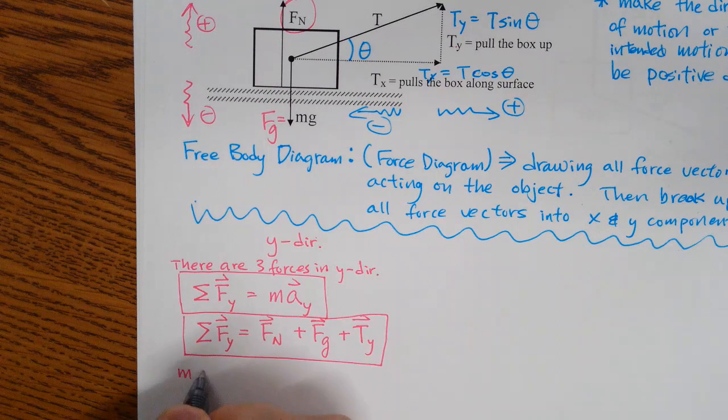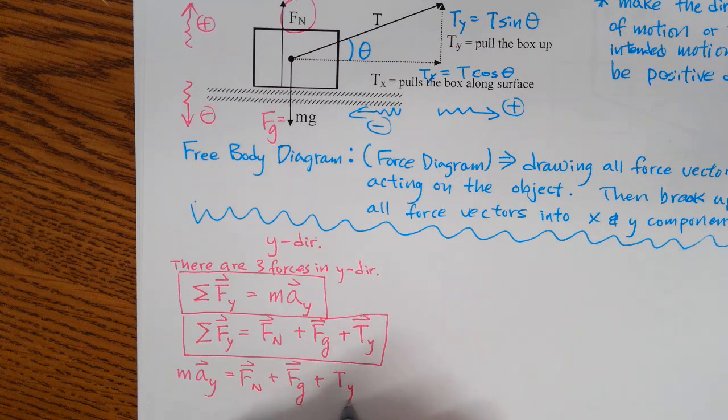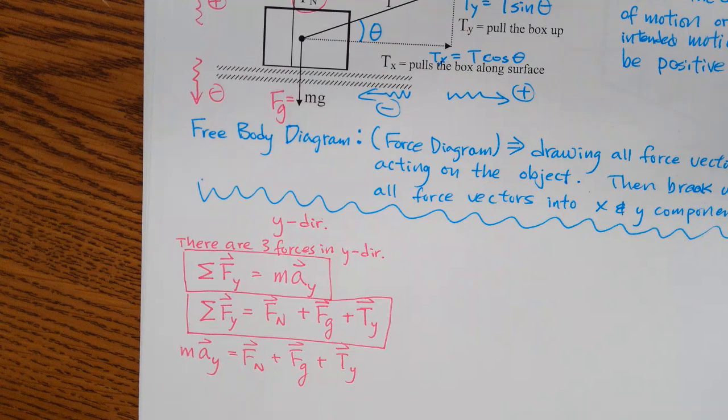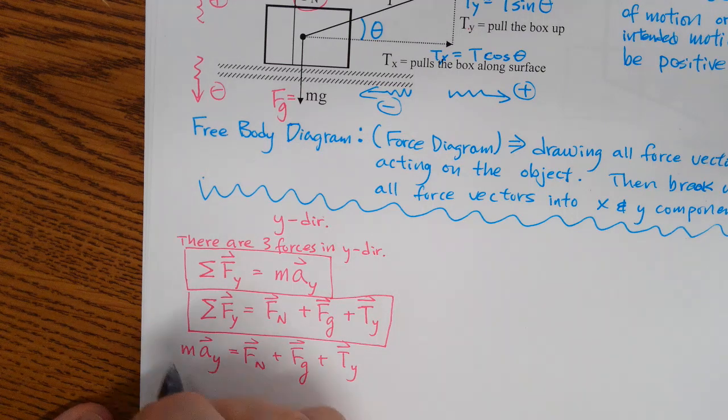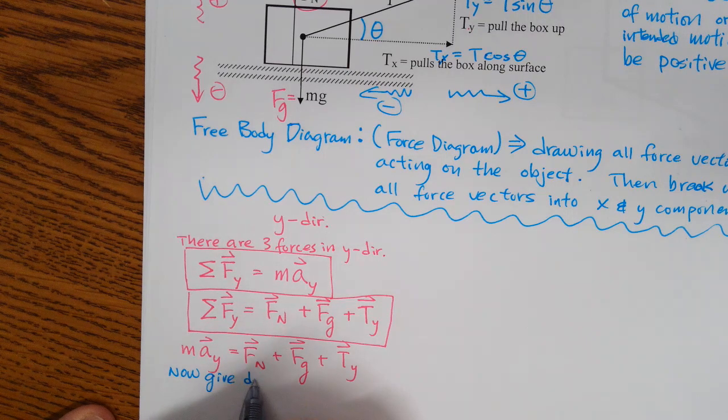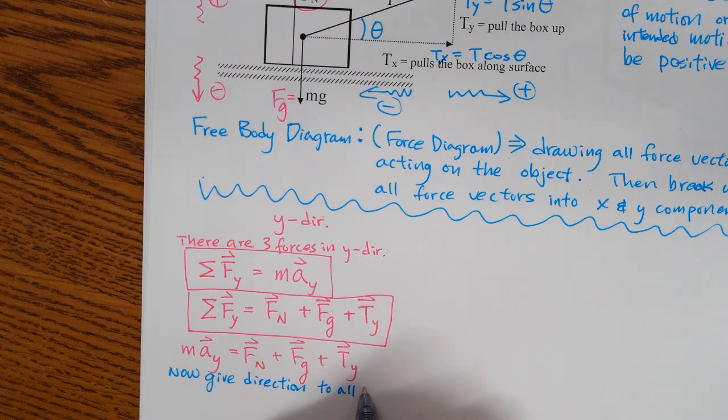So m a y is equal to Fn plus Fg plus Ty. Now give direction to all forces.